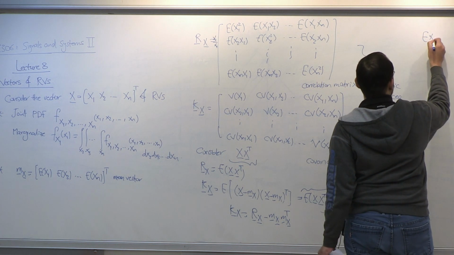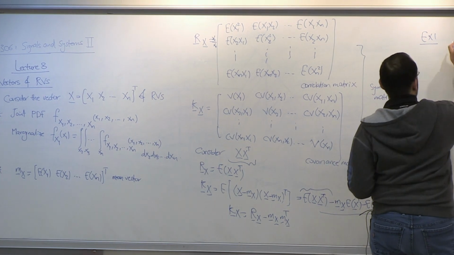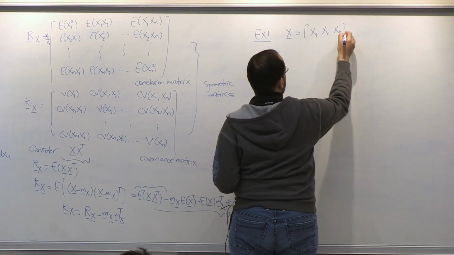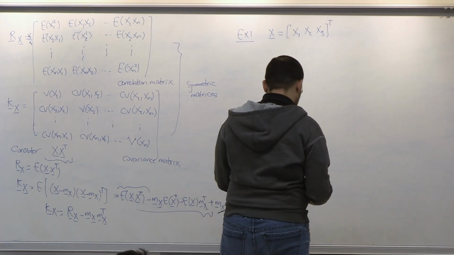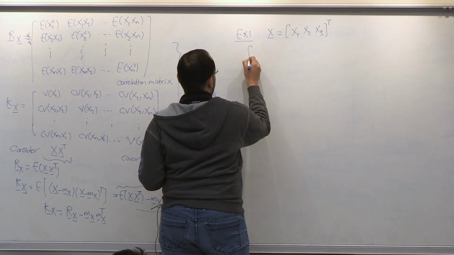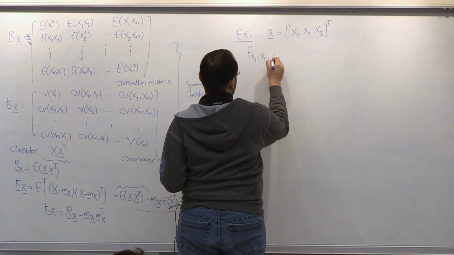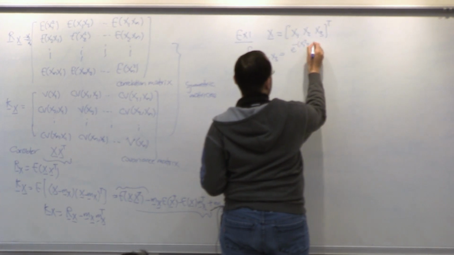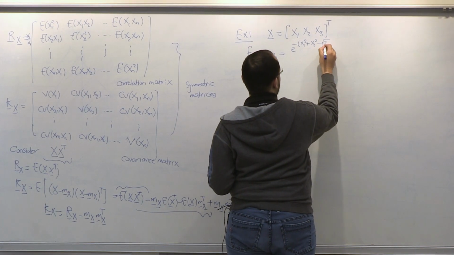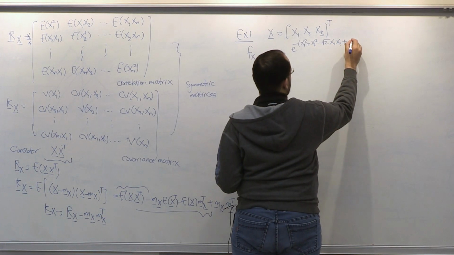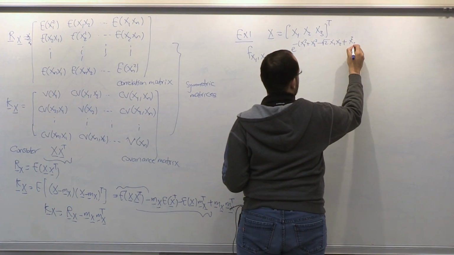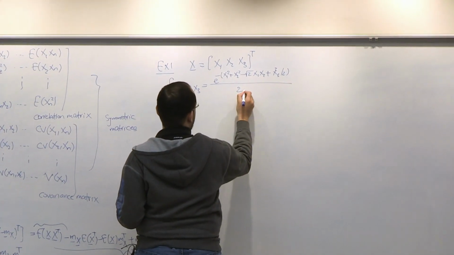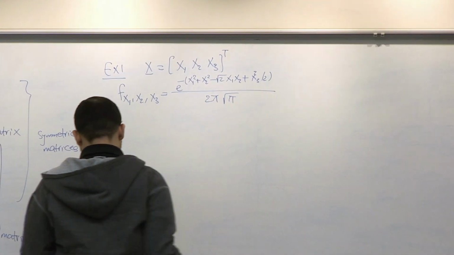Okay, let's do an example. We have X, that is X1, X2, X3 transpose. And here we have Fx1, X2, X3 being e to the minus x1 squared plus x2 squared minus square root 2 x1, x2 plus x3 squared over 2, divided by 2 pi over square root pi.